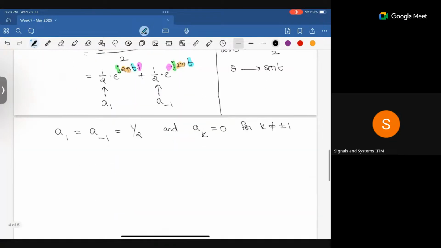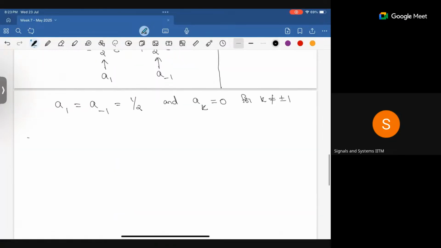Let's do one more just to get a better understanding. Let's say x of t is 1 plus sine 2 pi t.